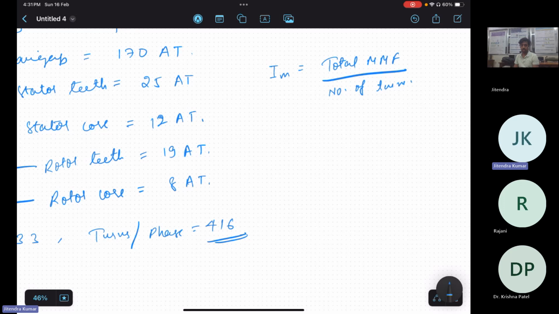If you will calculate the RMS value of IM, that will be nothing but total ampere turns divided by number of turns into root 2.